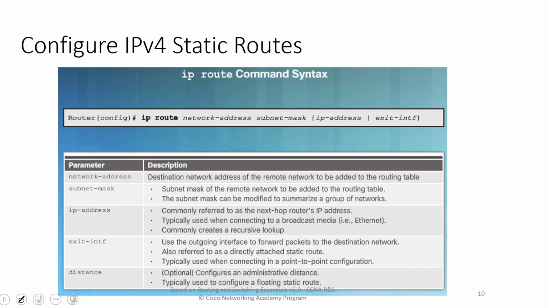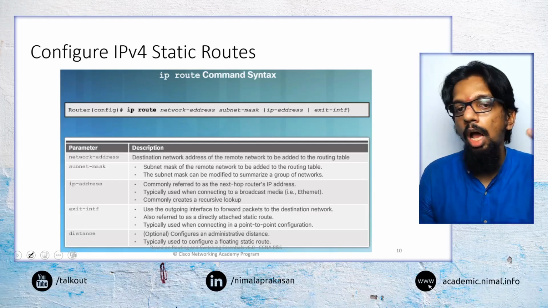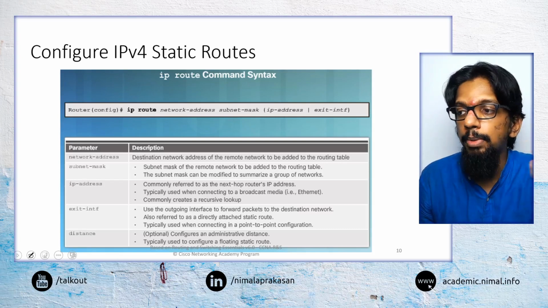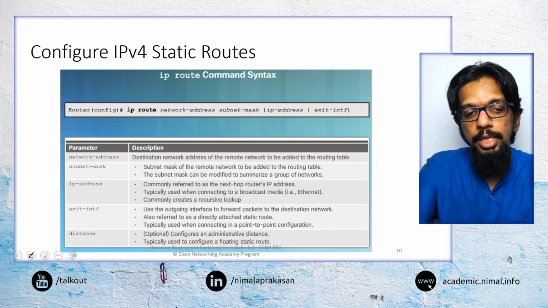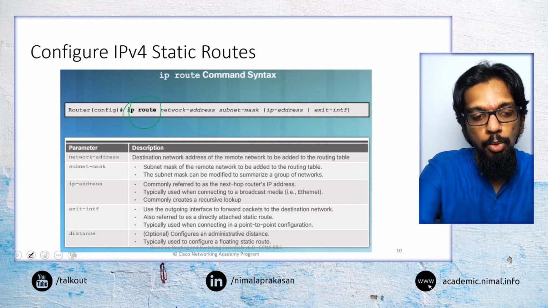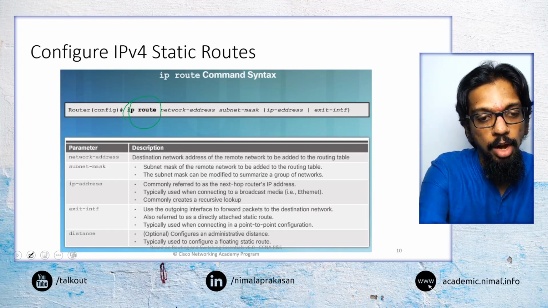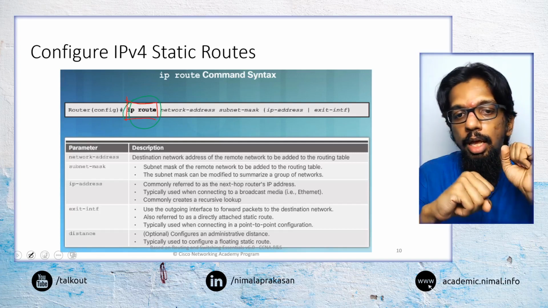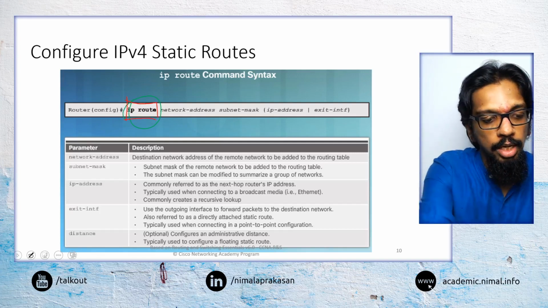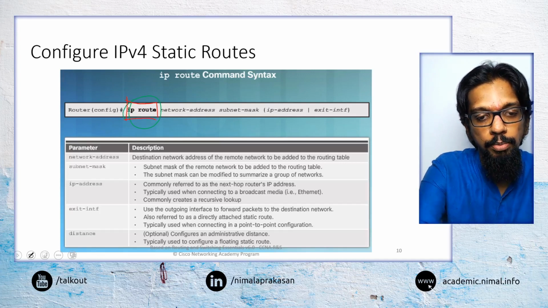Now, when we look at how we can configure IPv4 static routes, the basic command is ip route. ip route is the command that we will use to configure the static routes. Then there are a number of parts.